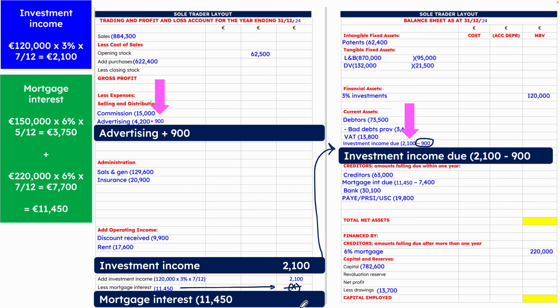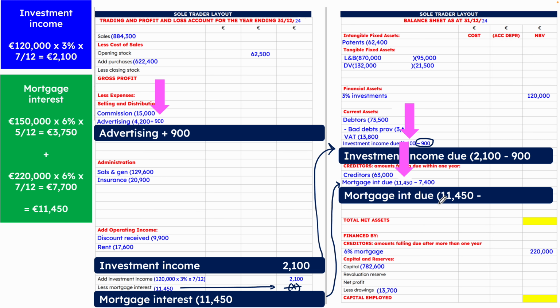But anyway, 11,450 is the mortgage interest for the year, but we are definitely not going to have paid all of that. So we're going to have 11,450 minus the 7,400 that they have told us they have paid in the trial balance. We saw in the trial balance that they had mortgage interest paid for the first 9 months, and that was 7,400.